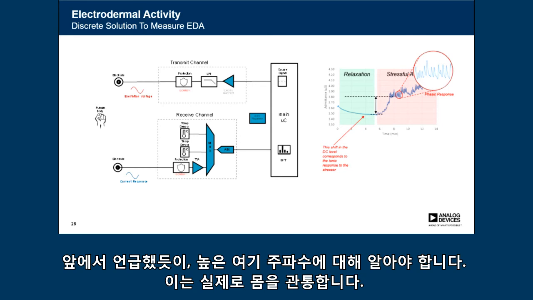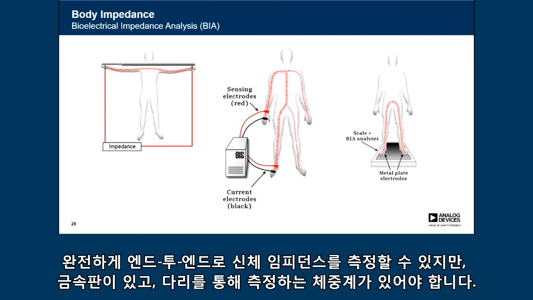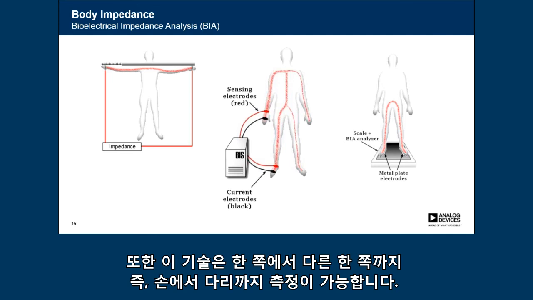For body measurement, as mentioned, you need a high excitation frequency to go through the body. You can do a body impedance measurement either from hand to hand, or with weight scales that have metal plates where you measure through the legs. But there are also technologies where you measure from one limb to the other, so from hand to foot, for instance.